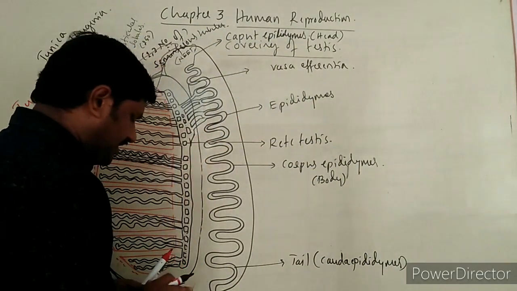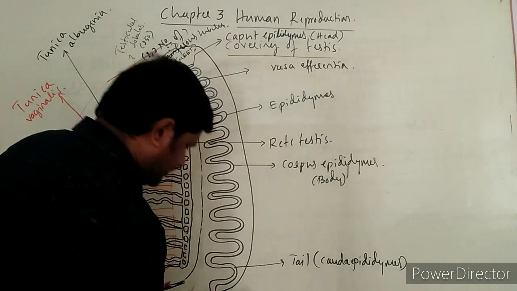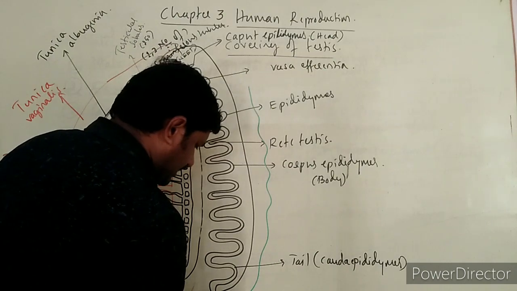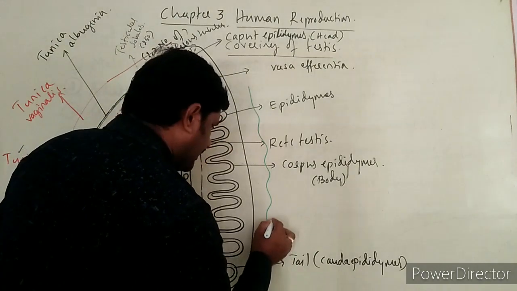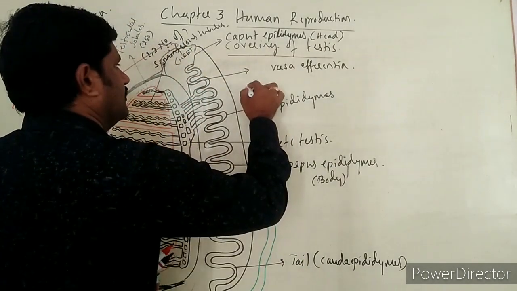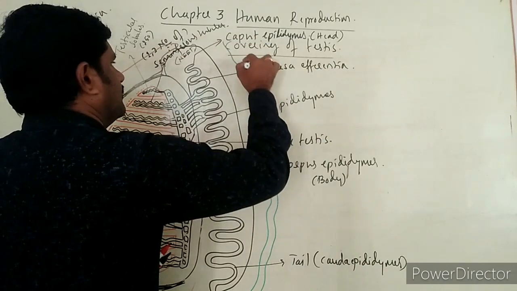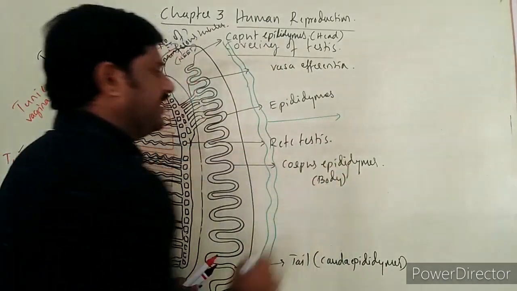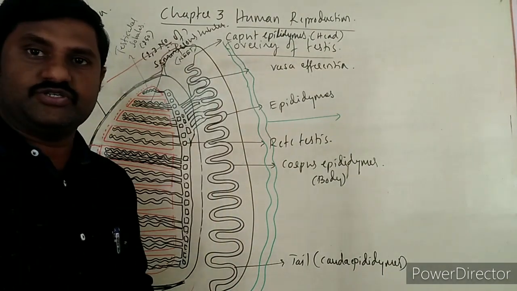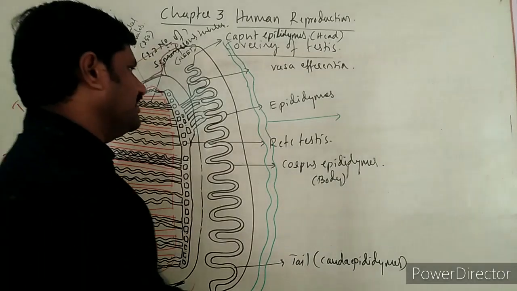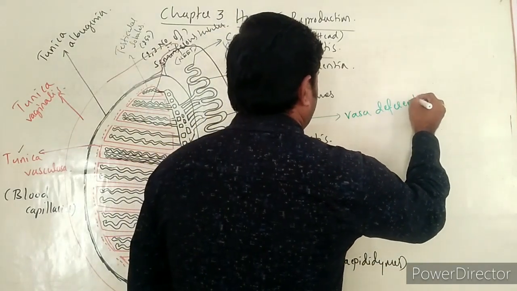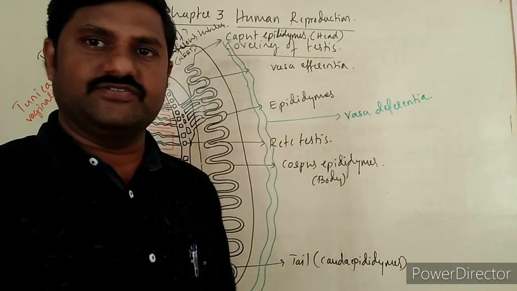This continued part opens into a large tubular structure, and this greenish tubular structure, whatever I have continued from the epididymis into the next structure, that structure is called vasa deferentia, or vas deferens it is called.